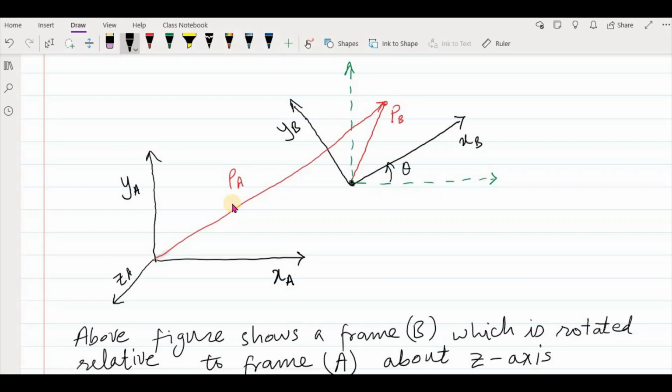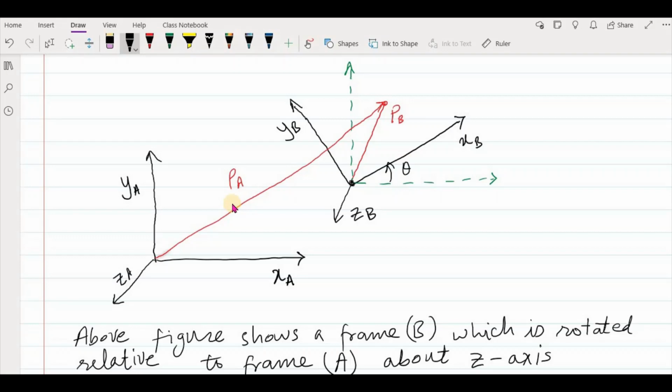And here too. Is it? No, it doesn't make sense, because the z-axis should be parallel to ZB. So yeah, this is the z-axis.